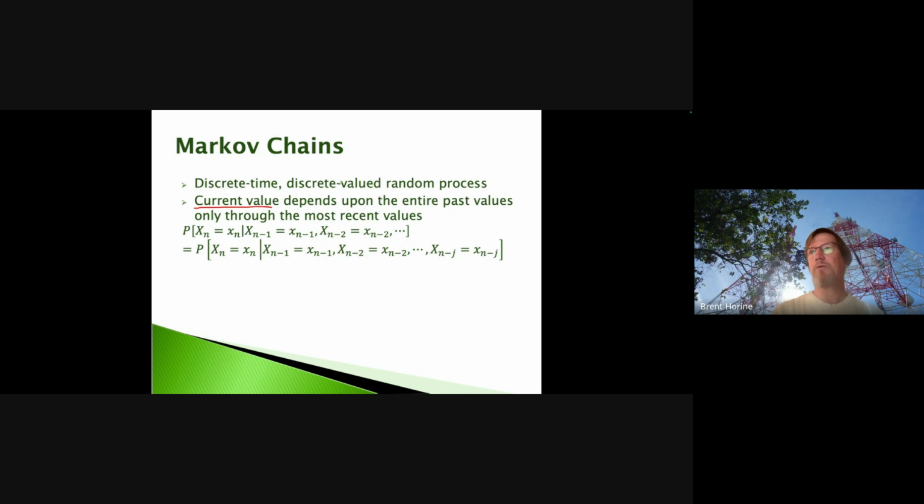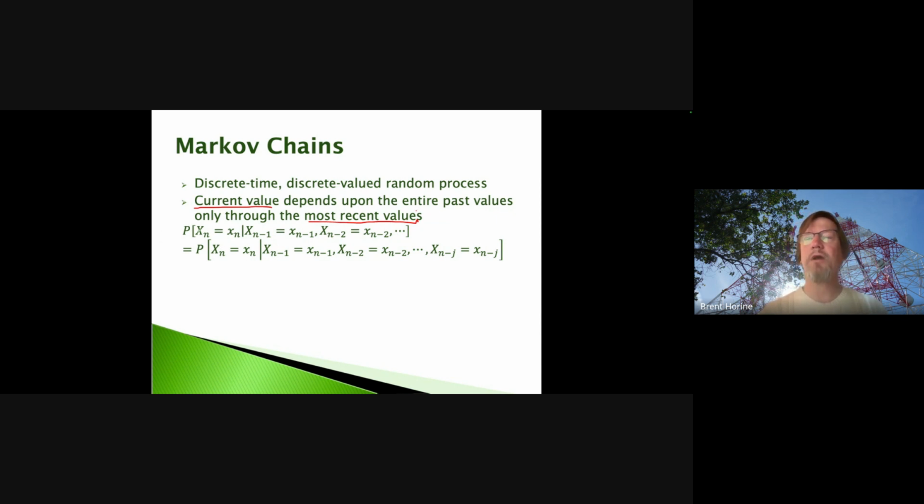We are going to evolve this discrete valued random process. So its current value depends upon all of the past values, but we only have to look at the most recent values, and maybe in the strictest case, the most recent value. Okay? Now, what does this mean?